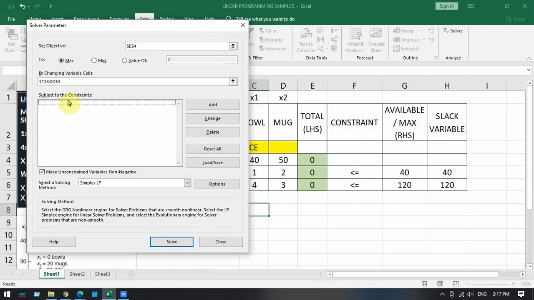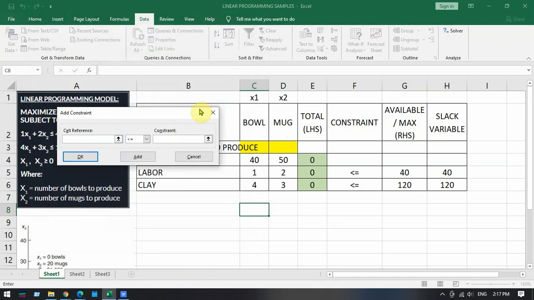Now we have our constraints. We're going to add constraints. We can do it one by one, or we can do it together. So let's do it one by one first. This is where we're going to use the total left-hand side for our constraint. This is our left-hand side for labor.